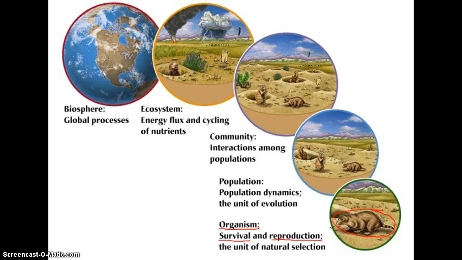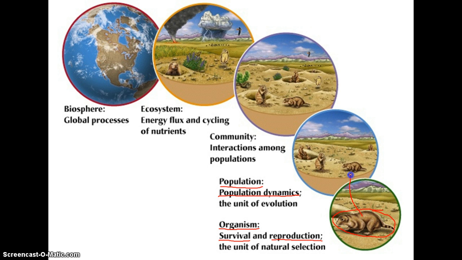As we work our way up to the next level of ecological organization, we come to what is called a population. And we're going to talk more about population dynamics later on in this unit. Right now you just need to know what a population is. So a population is a group of organisms all from the same species but all living in the same area.